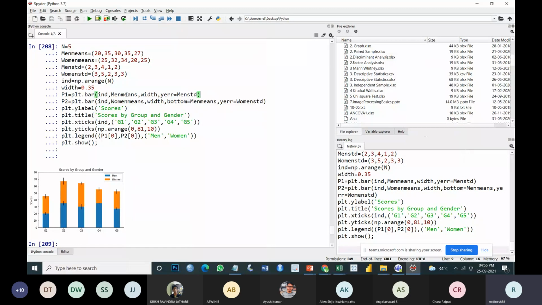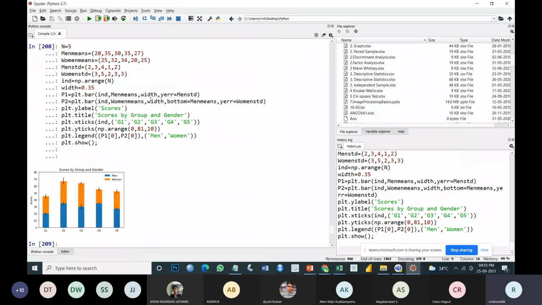The black line we are getting is the standard deviation line. And p2 equal to plt.bar of ind, women means, the orange color is women, width, bottom equal to men means. So bottom is men, above is women. Then yerr equal to women standard deviation.